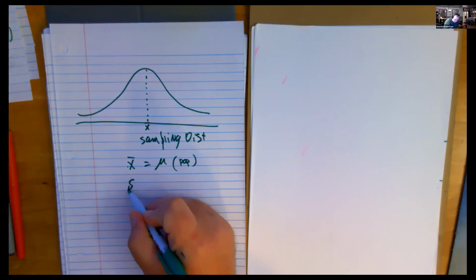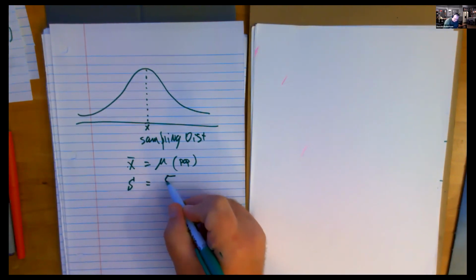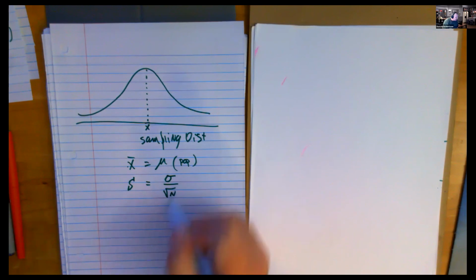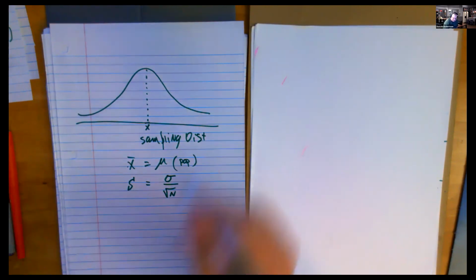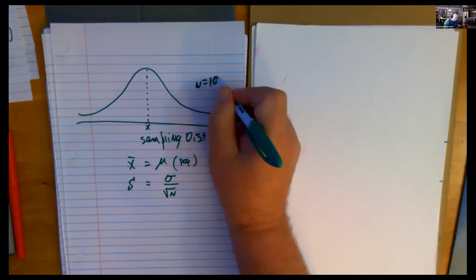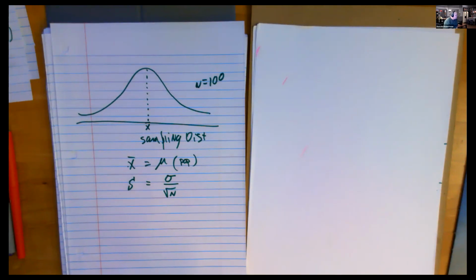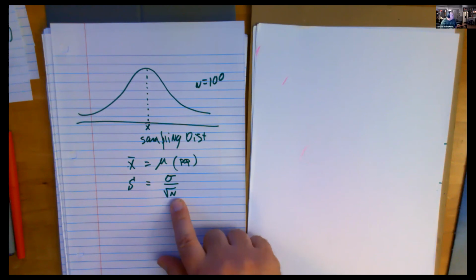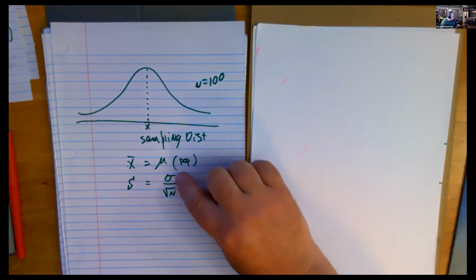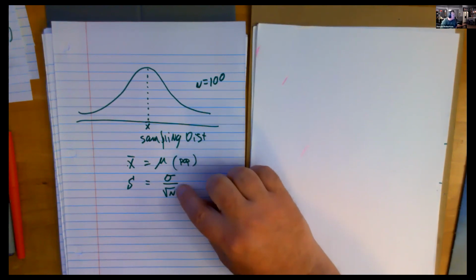And the standard deviation is sigma divided by the square root of n, where n is whatever the sample size is. So if I'm doing lots and lots of samples of 100, then the standard deviation would be that. If you take big samples, won't that be a small number? Sigma over square root of 1,000,000 is a small number, right?